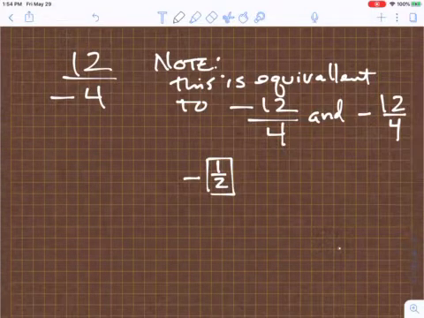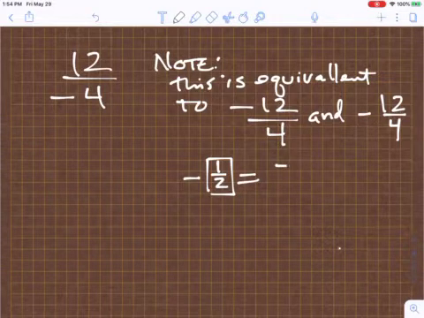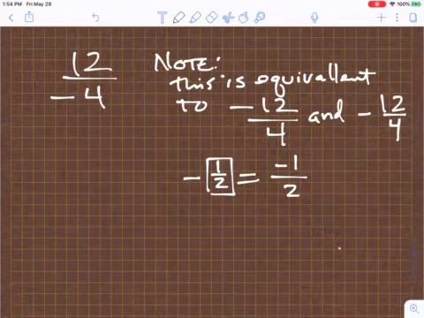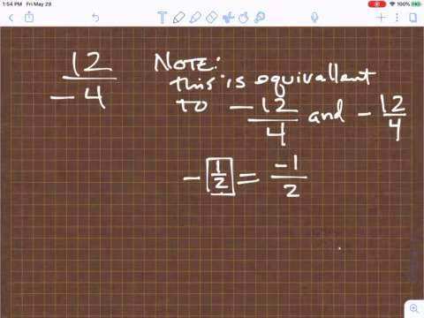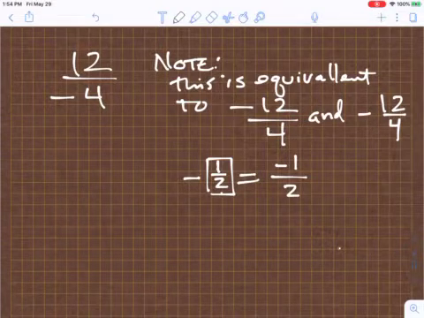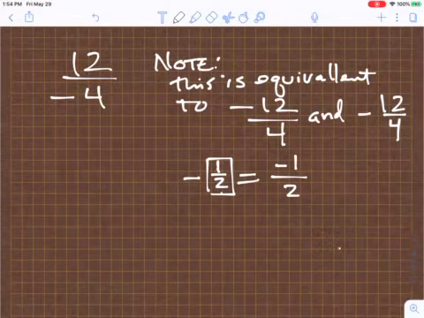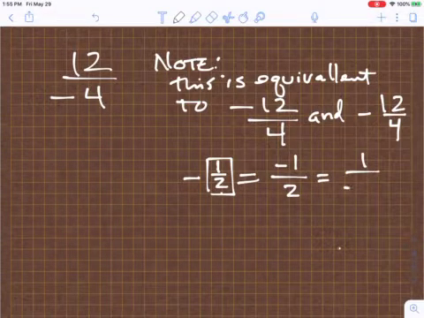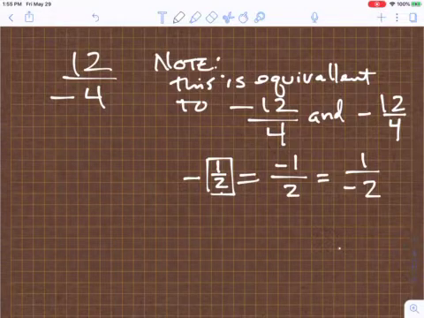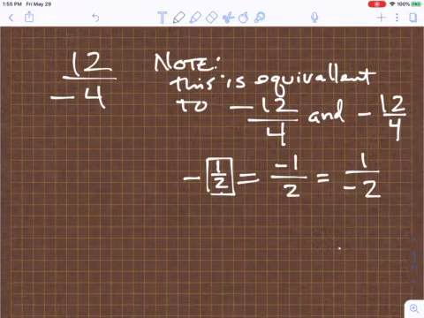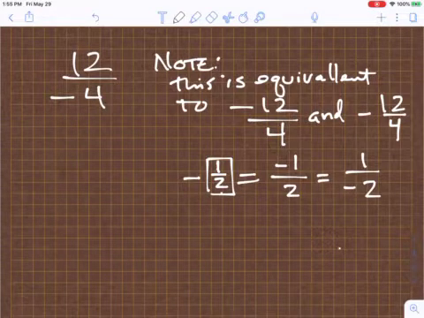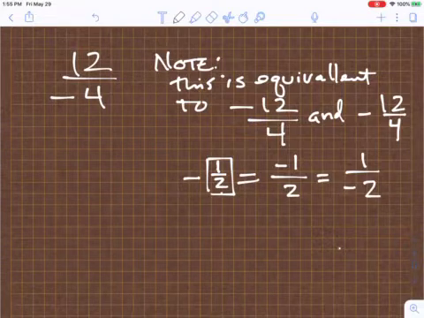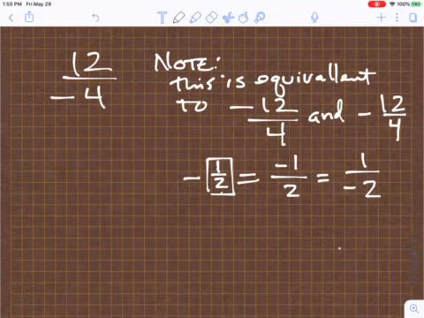Another way of writing that is negative 1 over 2, because negative 1 divided by 2 gives you the exact same answer. And a final way of writing it is 1 over negative 2. So the negative sign can move around and change positions, as long as there aren't more of them created. As long as you keep the number of them the same, they can sort of move.